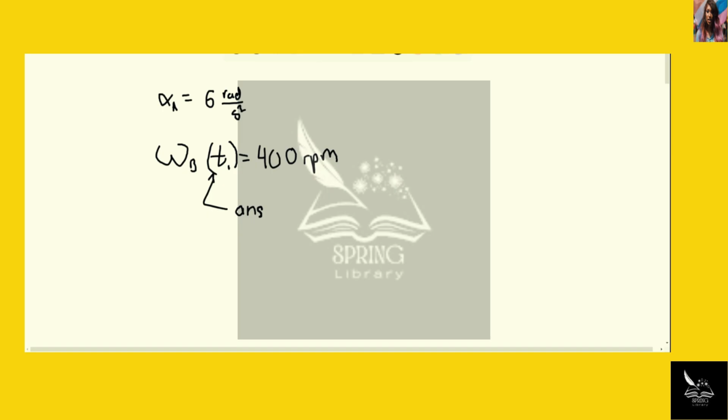But I'd like to convert 400 RPM to radians per second, since that's what we got acceleration in. So we are going to actually do this properly. 400 rotations per minute.